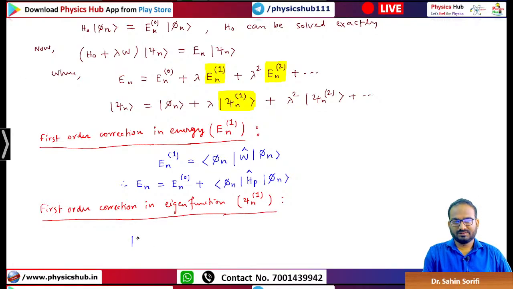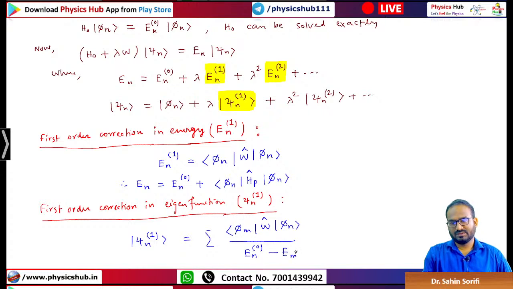That will be psi n1 equals the sum over m not equal to n of phi m W phi n divided by En0 minus Em0, times phi m.